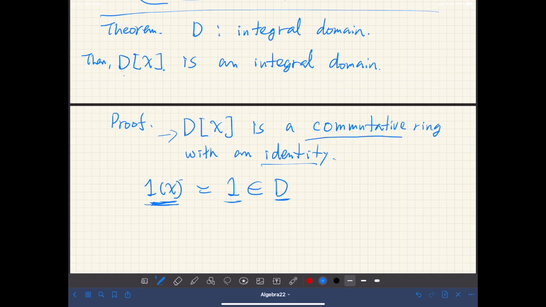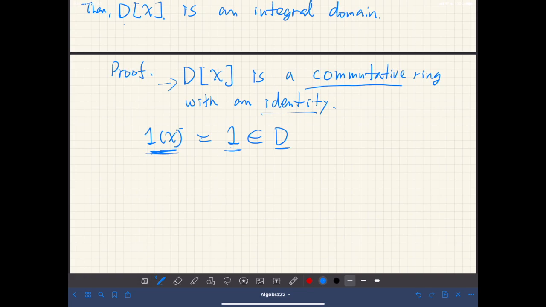And about this commutativity, since D is an integral domain, all coefficients are commutative.